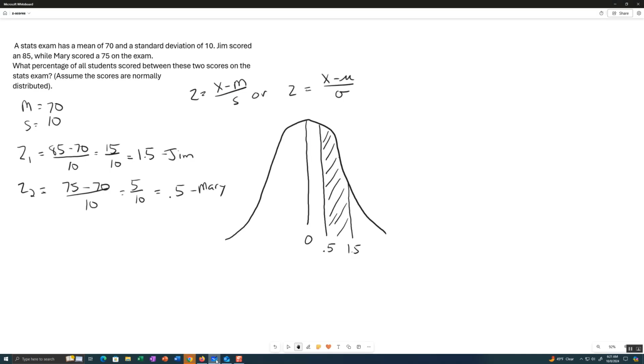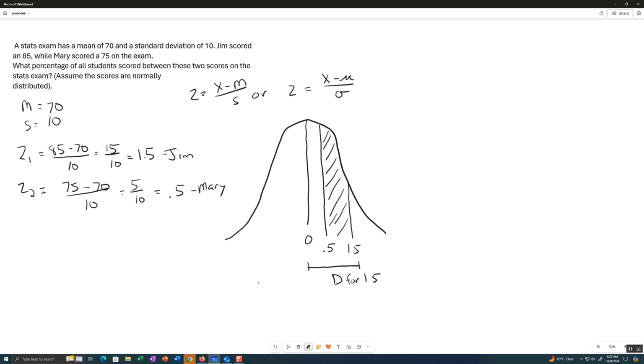Let's go back to the whiteboard. So we have a D area here. Mean to z is this. That's D for 1.5, right? That distance here is D for 1.5.